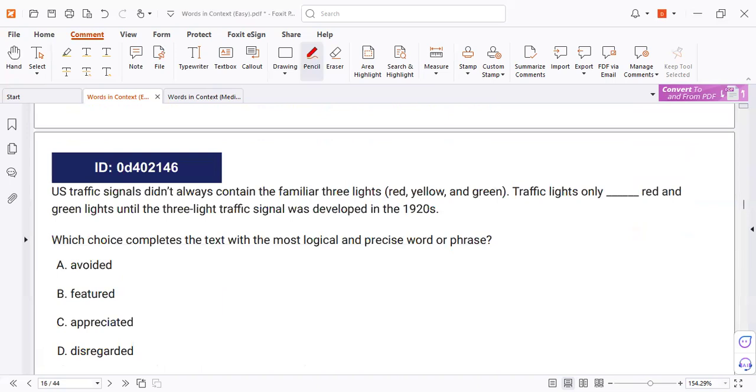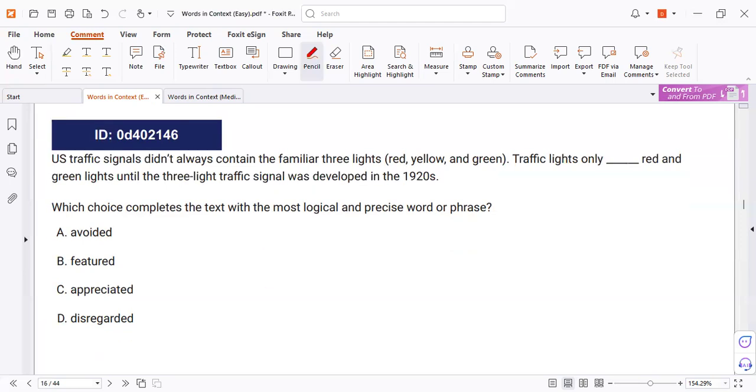It's either A or D. Now we need to read again. Okay.